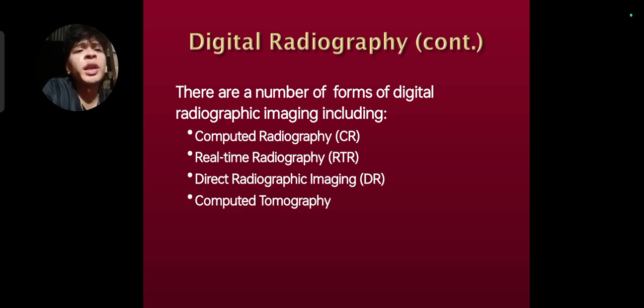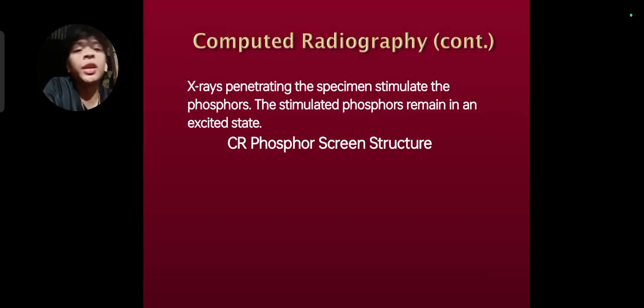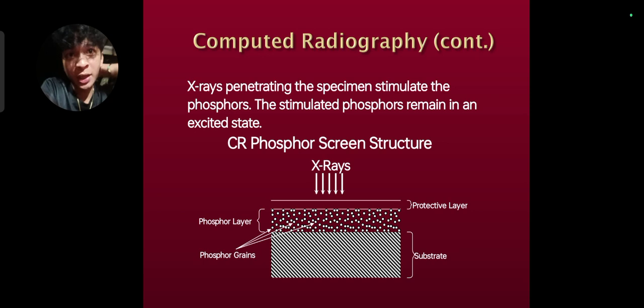There are actually a lot of forms of digital radiographic imaging, including computed radiography or CR, real-time radiography or RTR, direct radiographic imaging or DR, and the last one is computed tomography. Now let's talk about them one by one. First, we're going to talk about computed radiography.